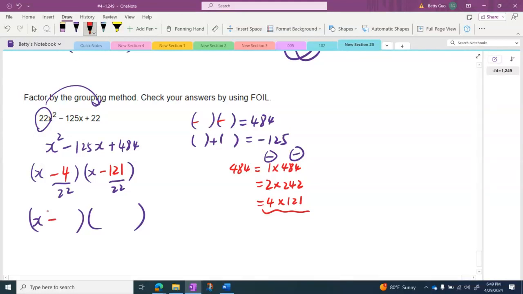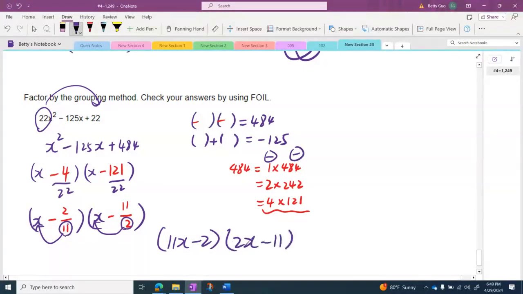This one is negative 2 over 11. This one is x minus 121 divided by 22, which is 11 over 2. 121 divided by 11 is 11. 22 divided by 11 is 2. And then we slide it back. So the final answer is 11x minus 2 times 2x minus 11.